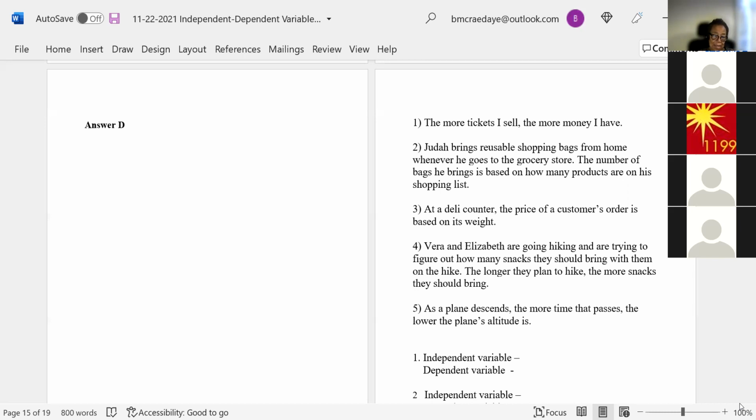Okay. And then the last one, of course, the plane descends. The more time that passes, the lower the plane's altitude is. You have two choices here. The time passed during the descending and the plane's altitude. Which one is dependent? Which one is independent?